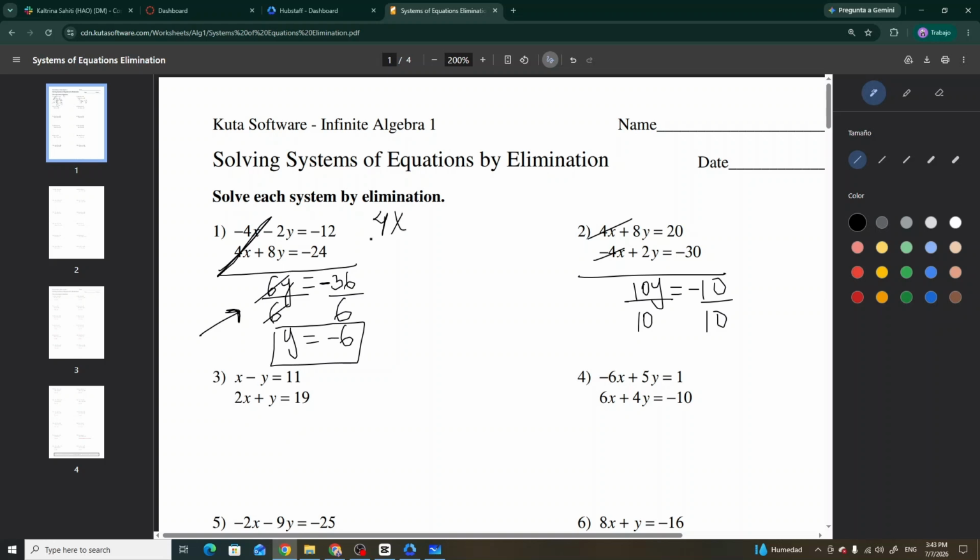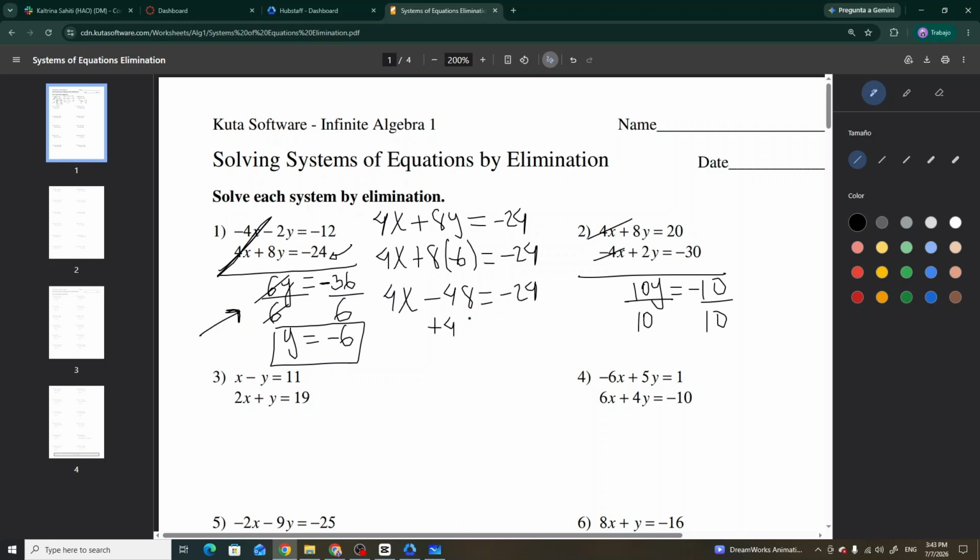The second equation, 4x plus 8y equals negative 24, and I already know the value of y, which is negative 6. So 4x plus 8 multiplied by negative 6 equals negative 24. I multiply, so it gives me negative 48, negative 24.